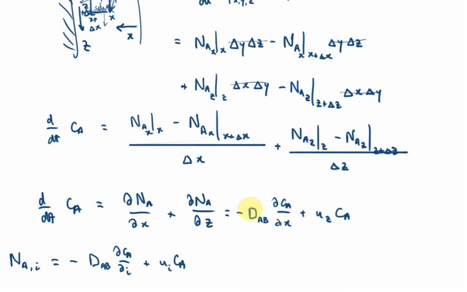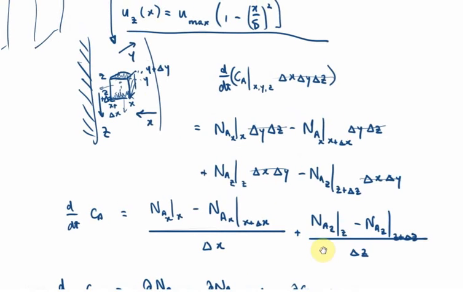So I need to write this as ∂/∂x. Let me just erase here a little bit. So this is to be minus ∂/∂x of diffusivity, and this is ∂/∂z of convection. So we can write overall then that dCA/dt is, here DAB is a constant.